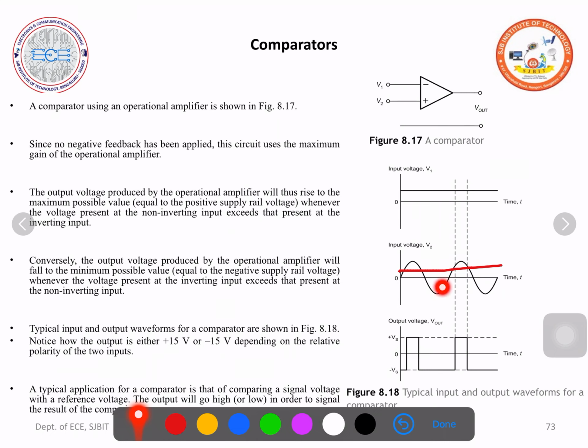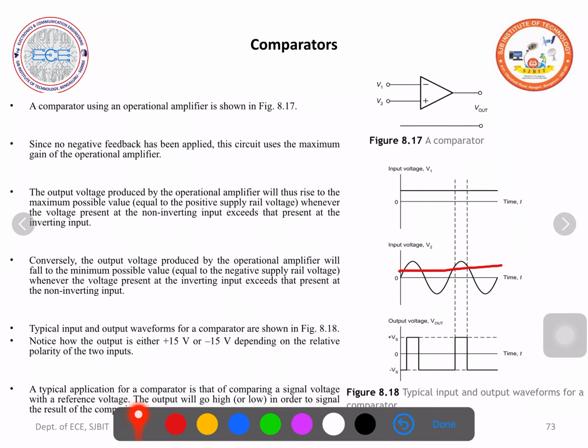Similarly here, we'll talk about the signal here and here. The voltage applied at V2 is smaller than the voltage applied at V1, or the voltage applied at V1 is greater than the voltage applied at V2 here.